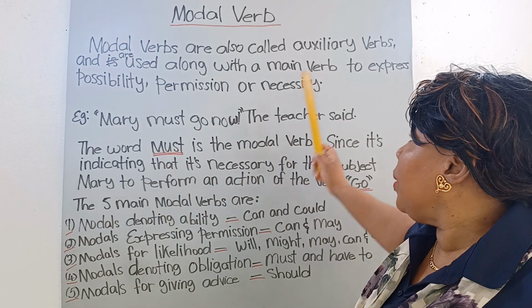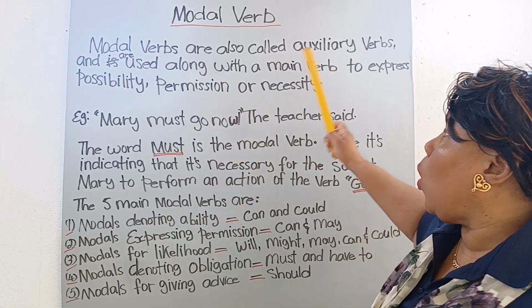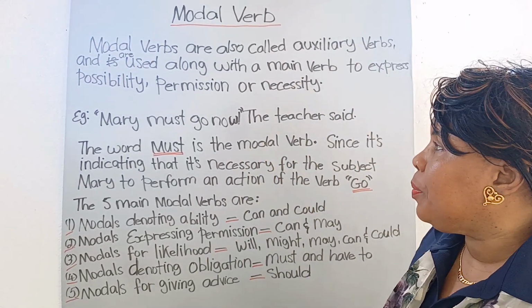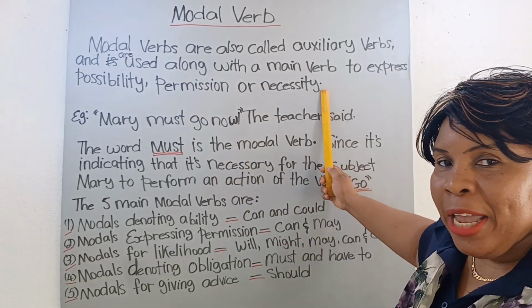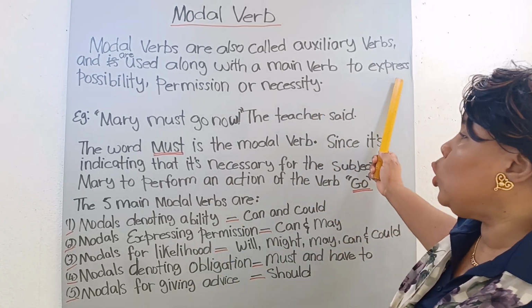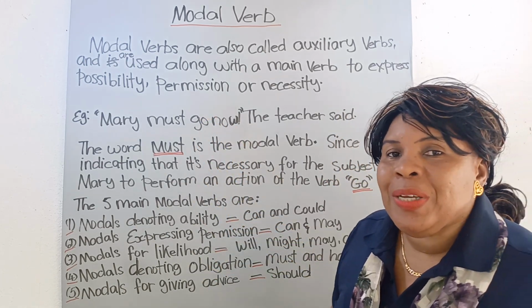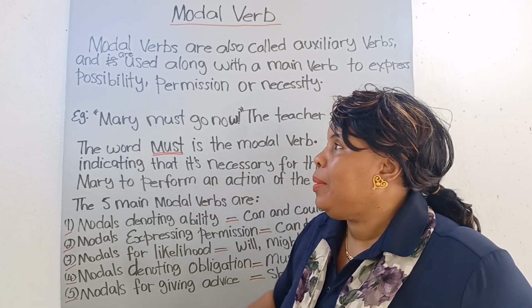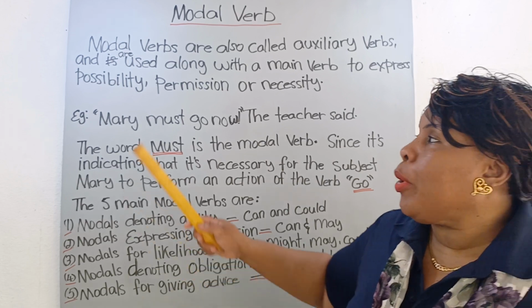So modal verbs are also called auxiliary verbs and are used along with a main verb to express possibility, permission, and necessity.